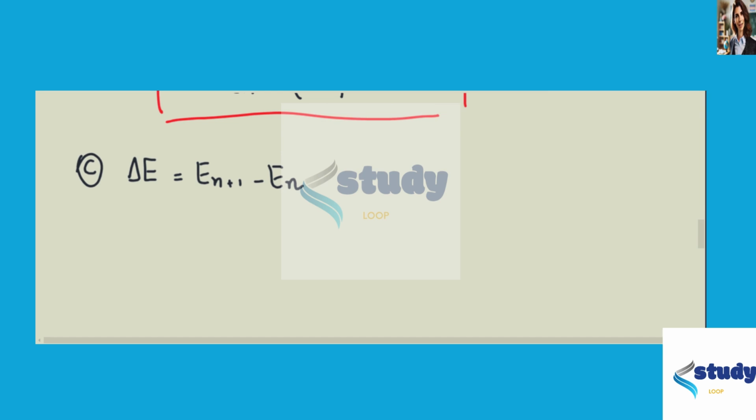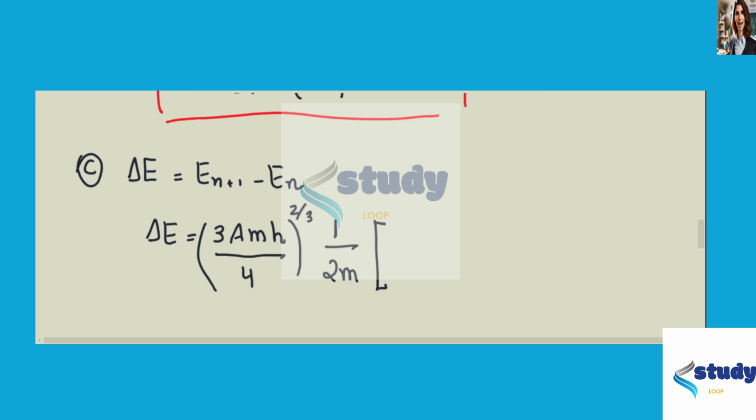So basically, let me write explicitly, delta E is equal to 3Ahm divided by 4 to the 2/3 over 2m times n plus 1 to the 2/3 minus n to the 2/3.